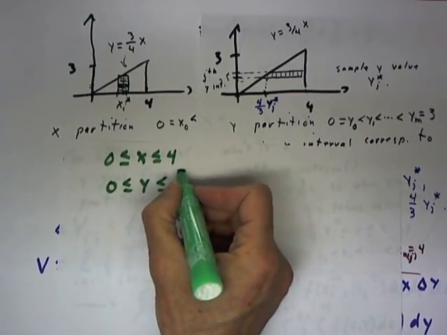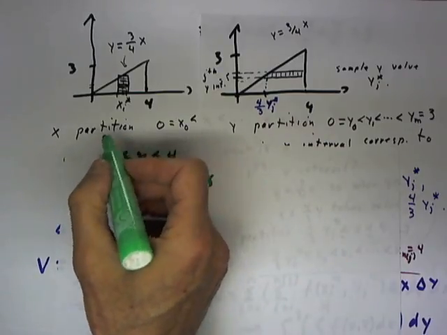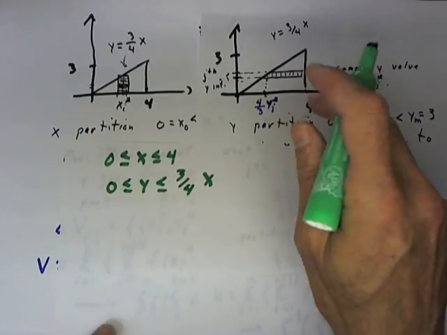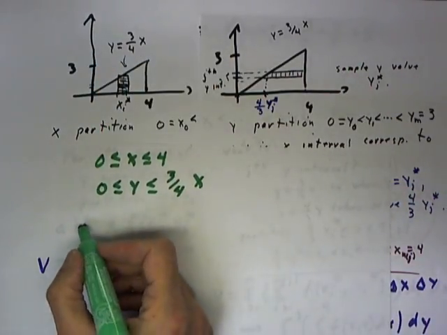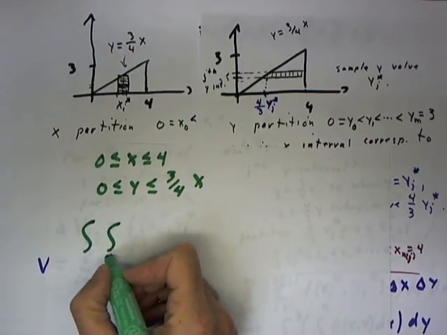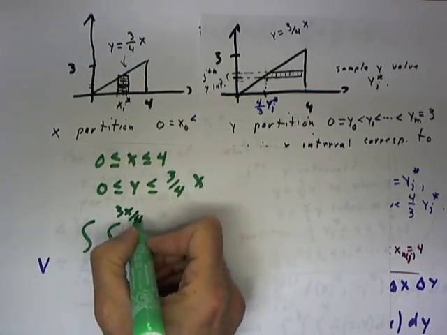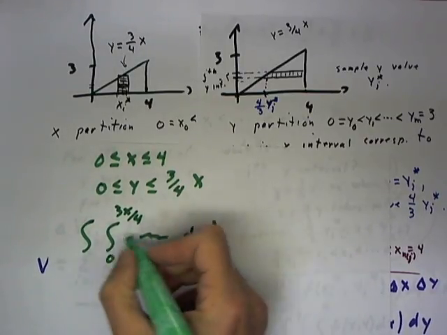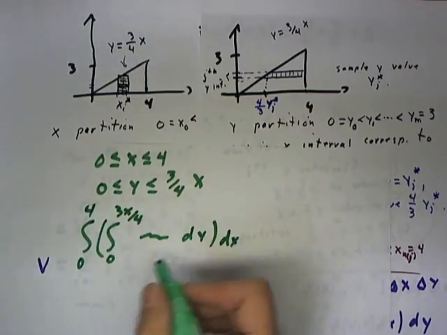Y goes only up to 3/4 x. So that would correspond to this picture of the partition. And this leads us again to an integral from 0 to 3/4 x of our function with respect to y, and then from 0 to 4 with respect to x.